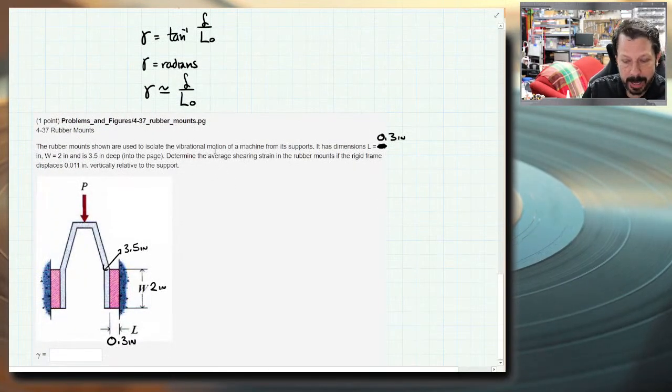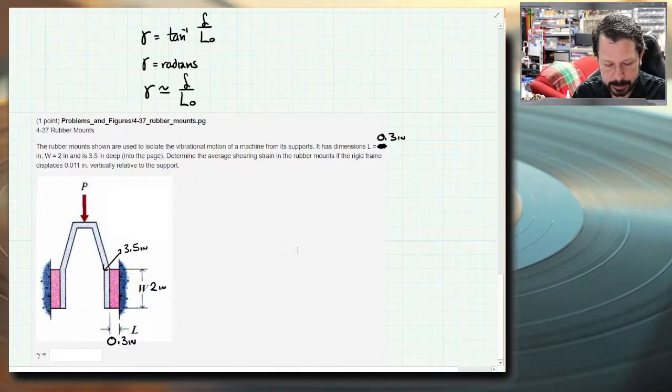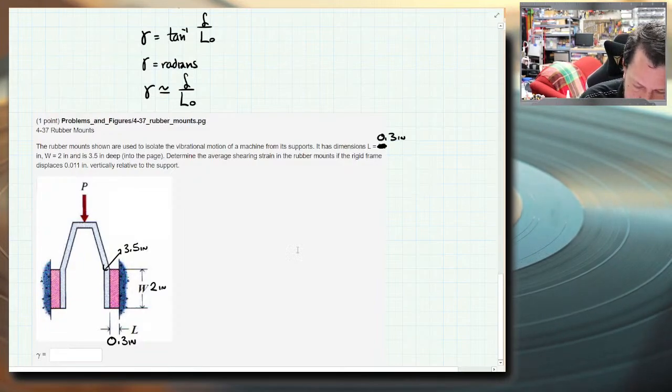So determine the average shear strain, or change in angle, in the rubber mounts if the rigid frame, so the gray part, the little yoke, displaces 0.011 inches vertically. So what this means is, let's just draw something that kind of looks like it.